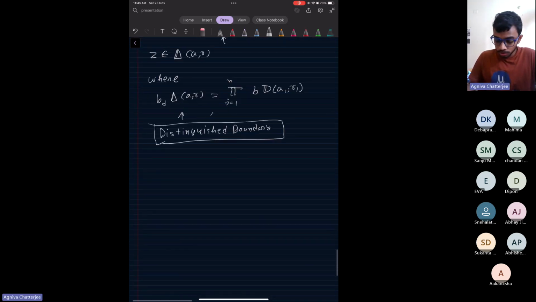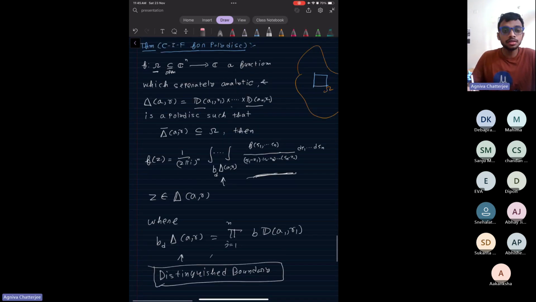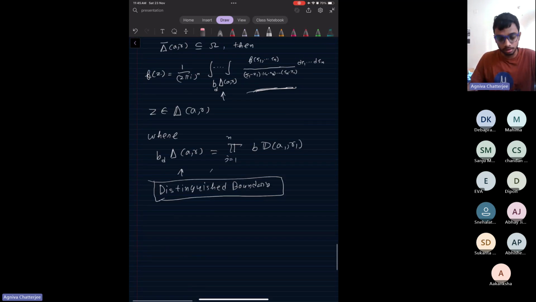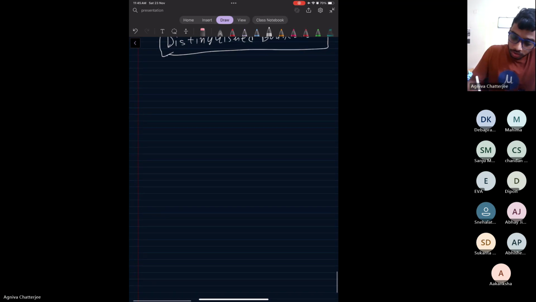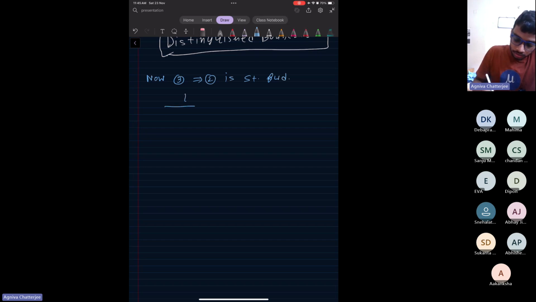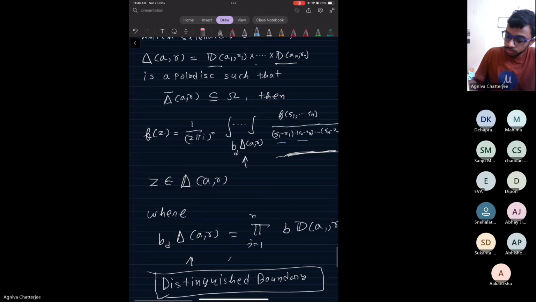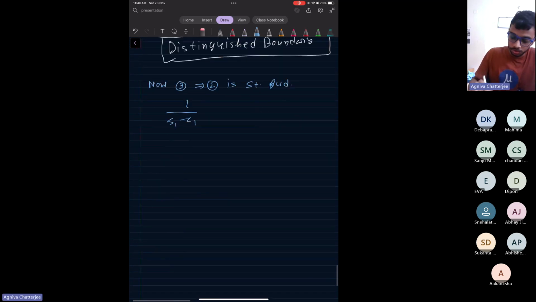The point is that once you prove this, 3 implies 2, and the equivalence of the definitions becomes straightforward. Why? You have 1/(ζ1 − z1), or 1/(ζj − zj), here.